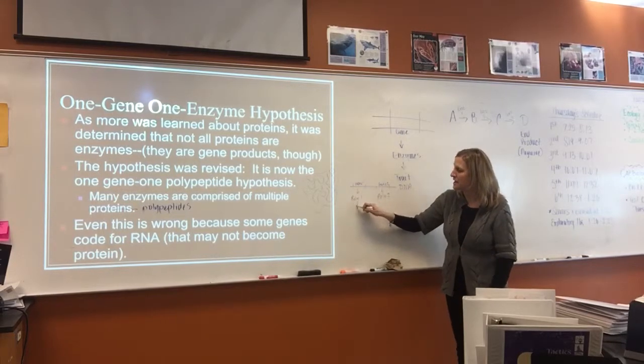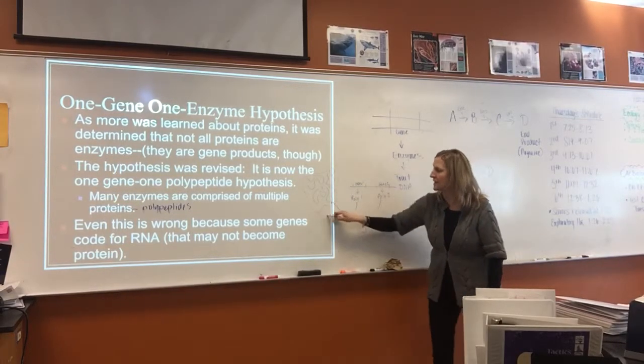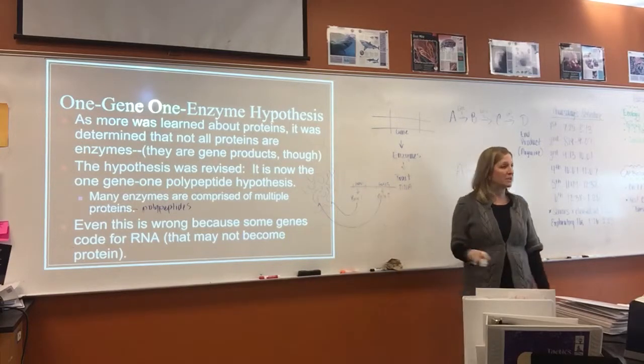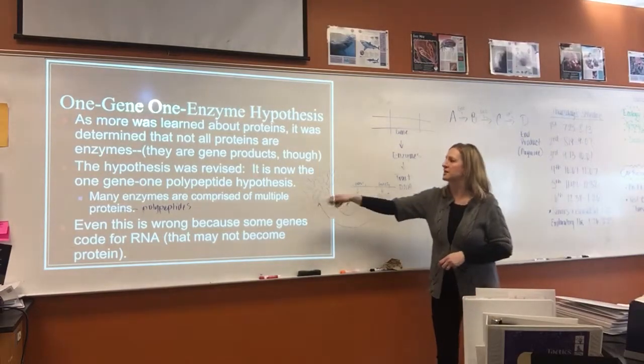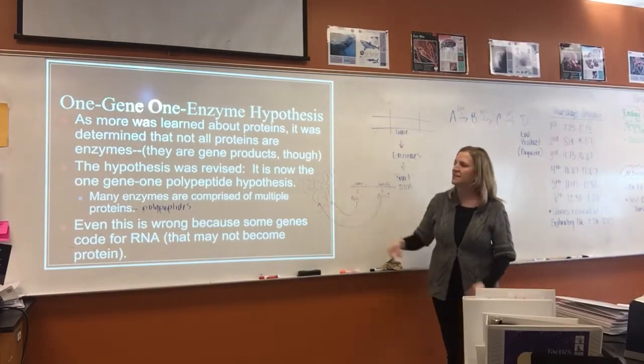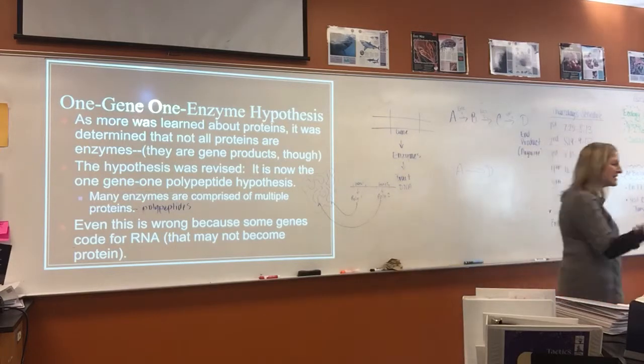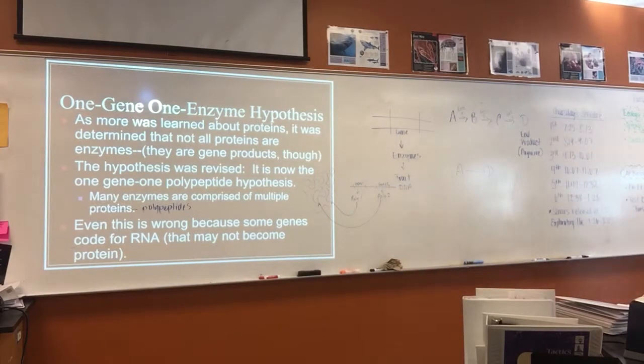It's not until these polypeptides come together to build one particular protein that you have a finished protein. And not every protein is an enzyme. We have proteins that are pigments that give us our hair color, our skin color, and so on. And those aren't enzymes.